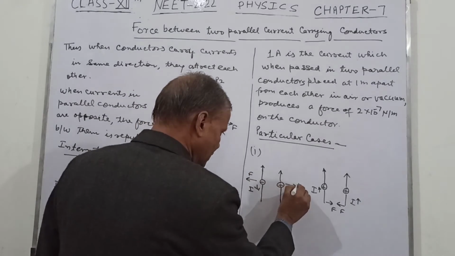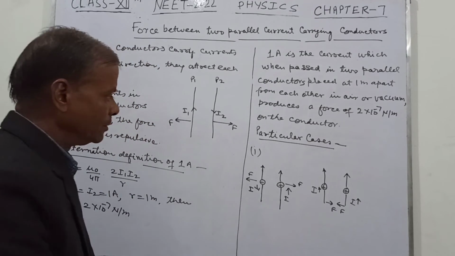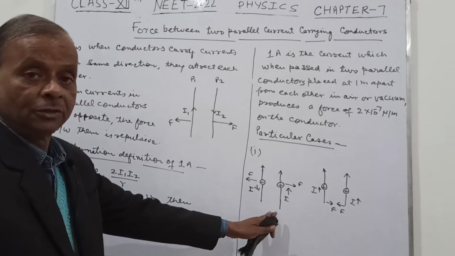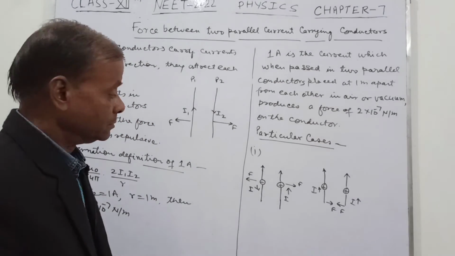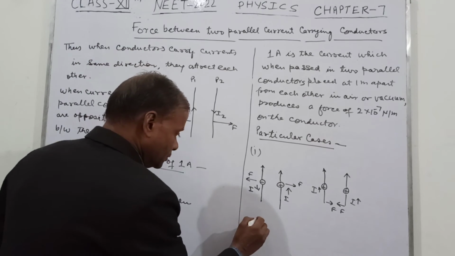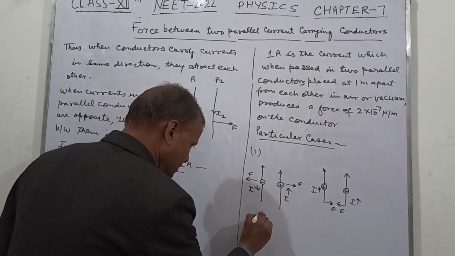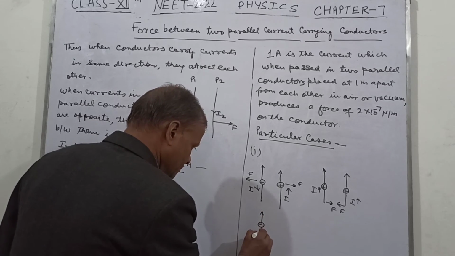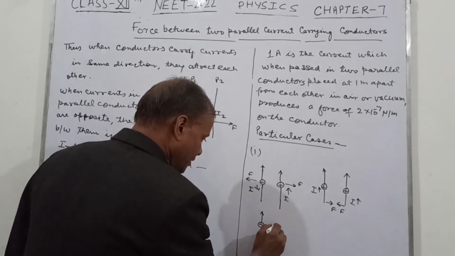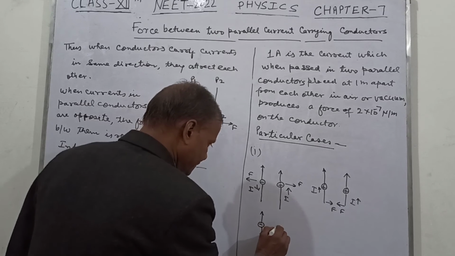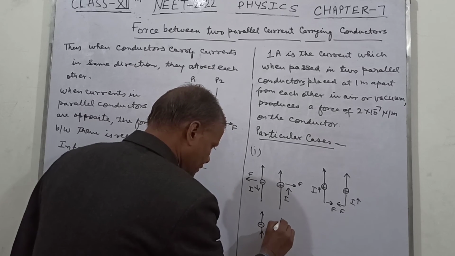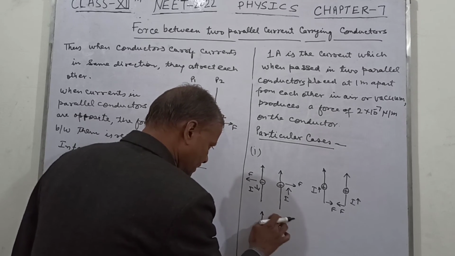Suppose this is an electron moving in this direction, and suppose we are having a positive charge particle moving in the opposite direction of this one.